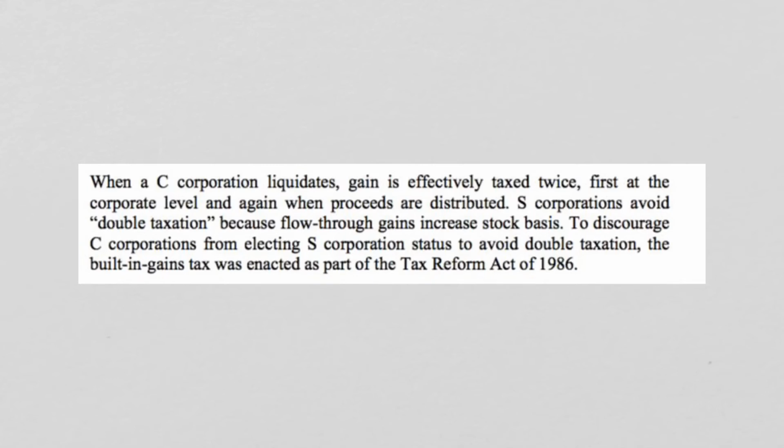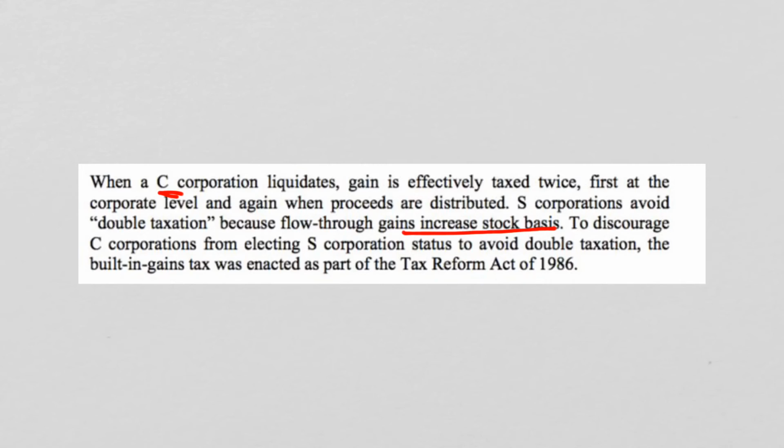So this is a recap of what we just discussed. When a C corporation liquidates, its gain is effectively taxed twice. We went through that again until we wanted to throw up because of the double tax. S corporations avoid it, and we'll get to this part in a few minutes. Don't worry about it right now.